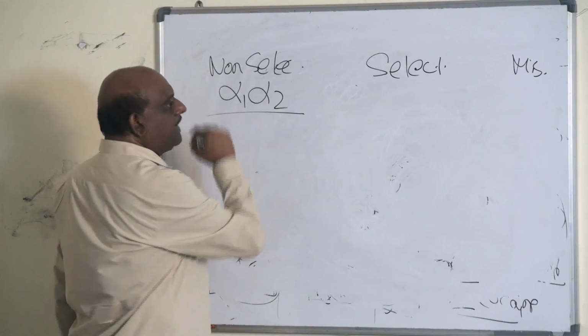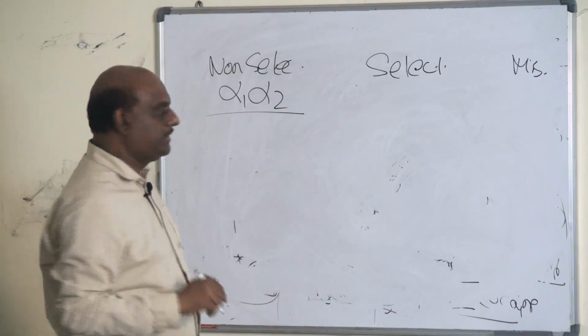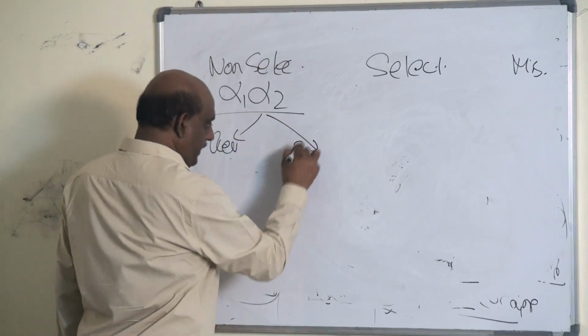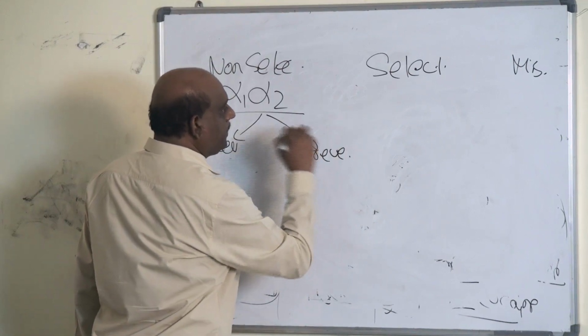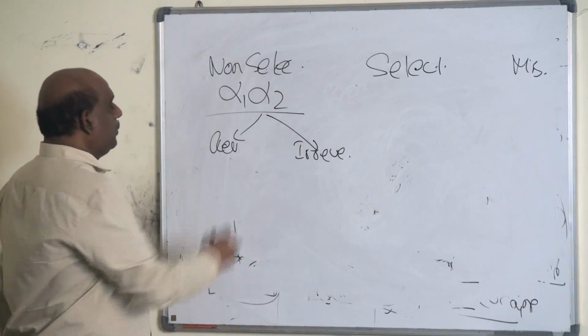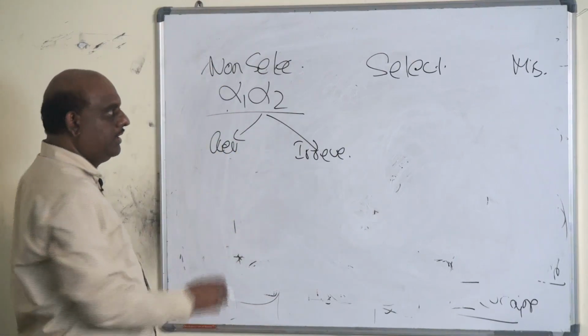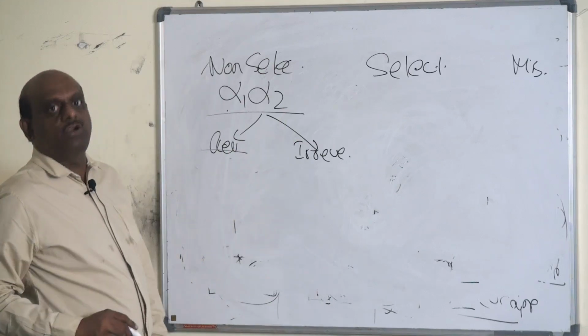Among the non-selective, you have two types: reversible, irreversible is what you should remember. So, non-selective, alpha 1 and also alpha 2 blockers, which are reversible. What are those drugs?